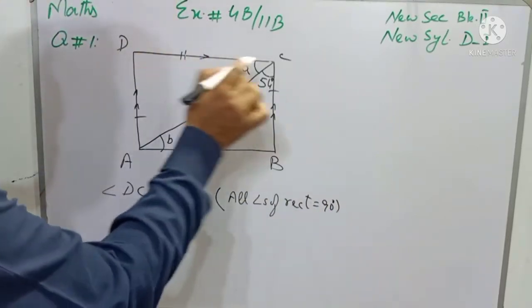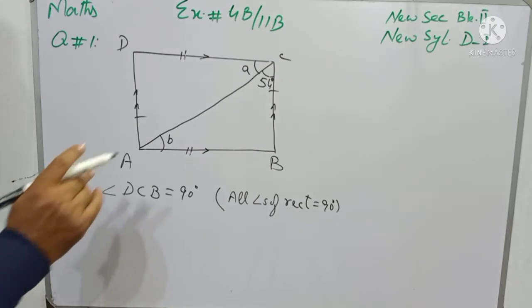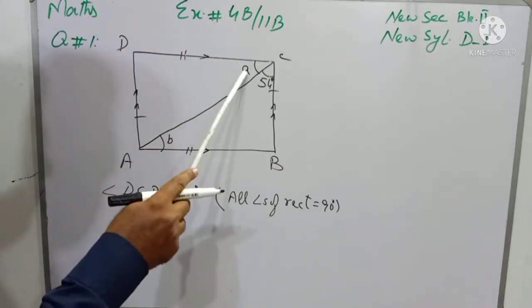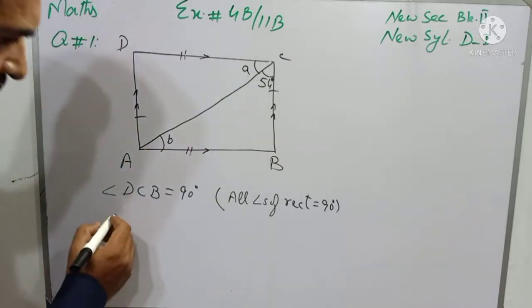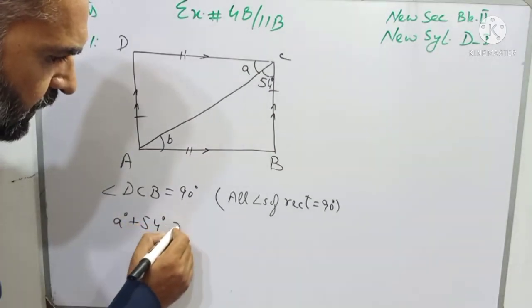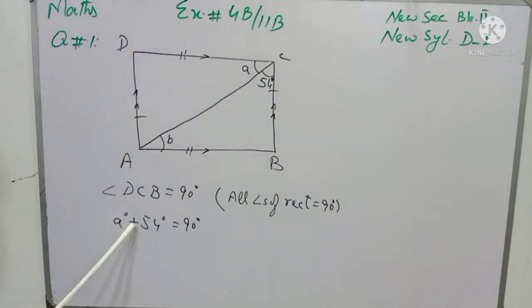So students, angle DCB will be a right angle, and angle DCB is divided into two parts, that is A and 54. So A degree plus 54 degrees is equal to 90 degrees, and 54, students, is plus on the left side.